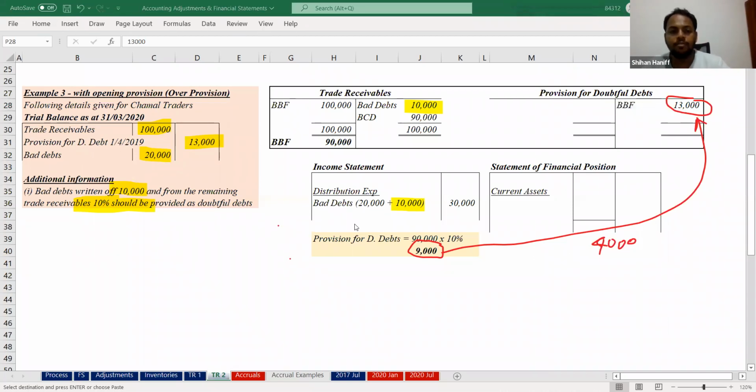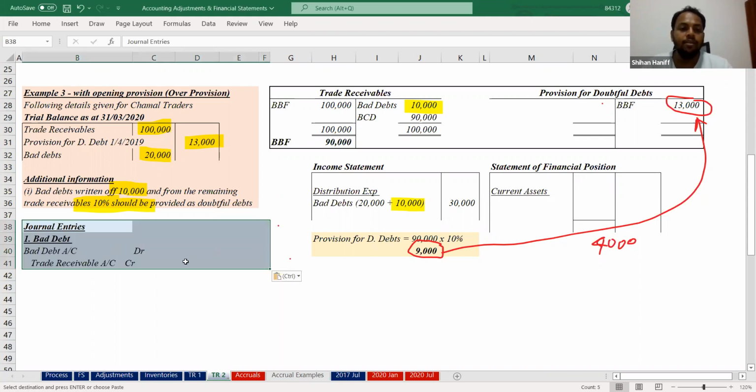Therefore, 4,000 should be deducted from the provision for doubtful debt account. Here you have to debit. Okay, let me give the double entry. Now, you know the bad debt double entry, you know that debit and credit.